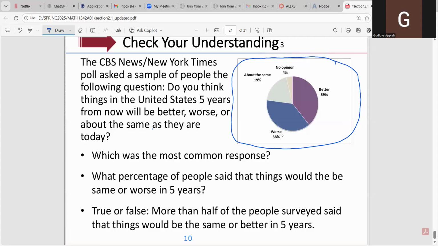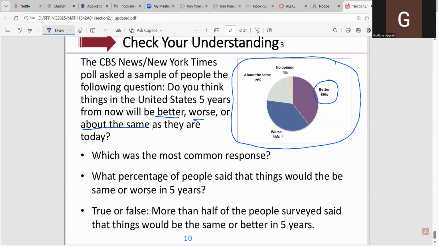And the reason why we use a pie chart is because this is a qualitative data set. Because the categories in this data are going to be better, worse, and about the same. These are all non-numerical categories. So if you look at the pie chart, about 39% responded that things will be better 5 years from now.